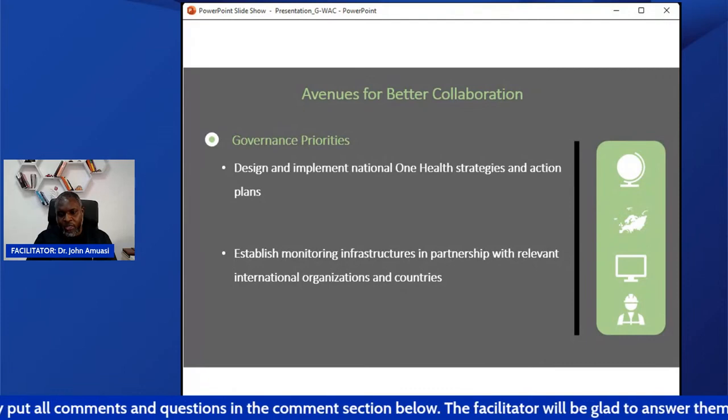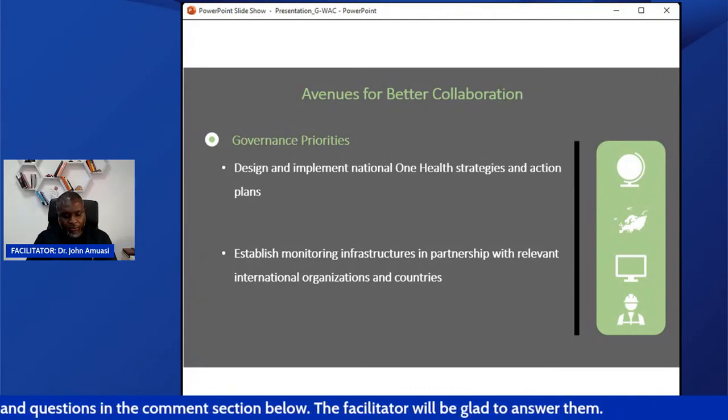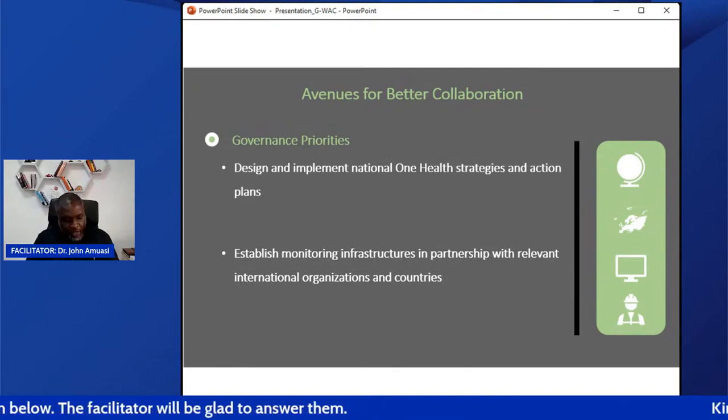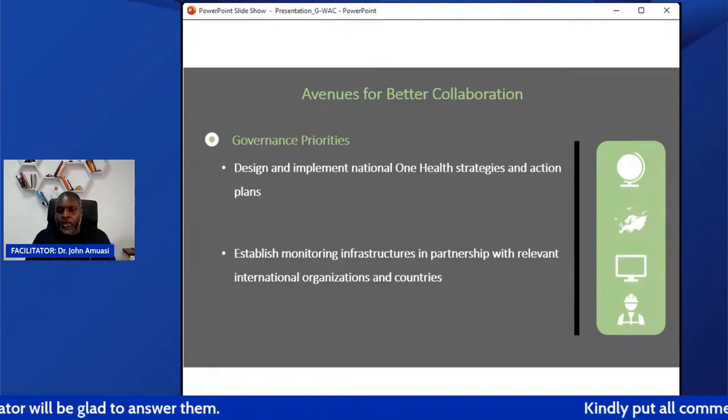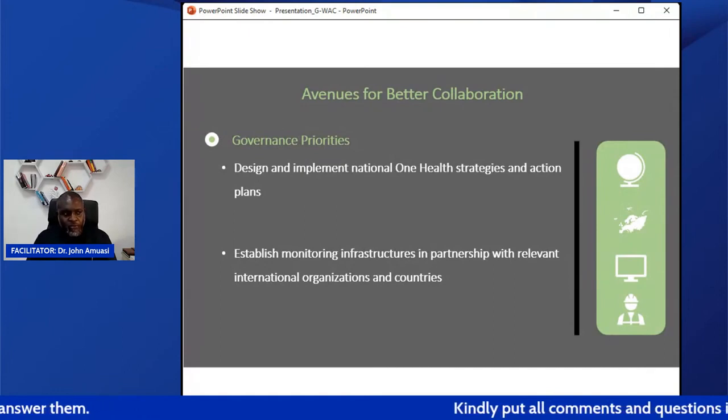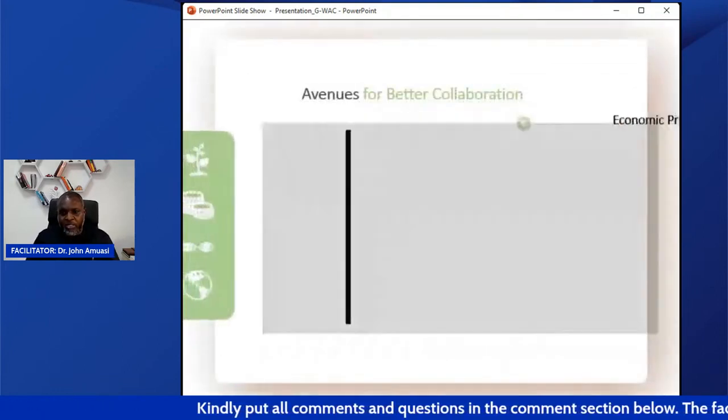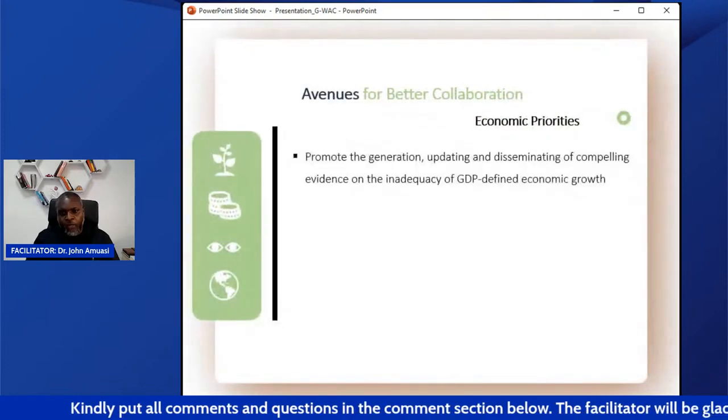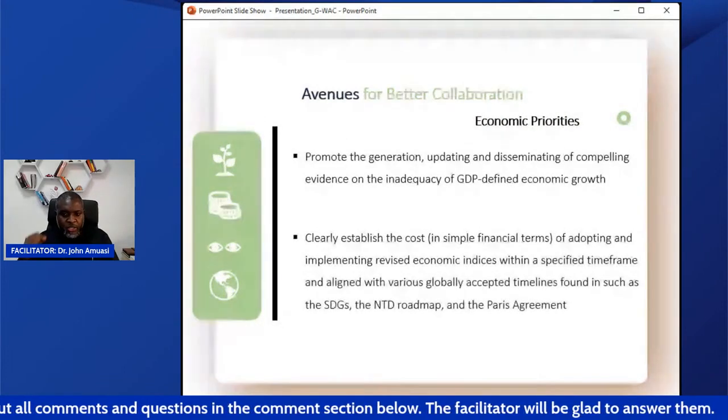They should not be seen as something coming from one sector or from one discipline, but it should be presented as coming from these multiple stakeholders, so that the buy-in is much easier. Think about also the economic priorities, which I touched on.